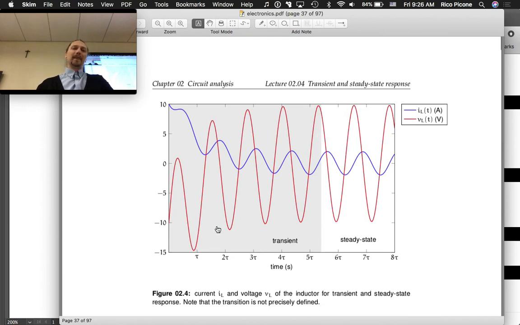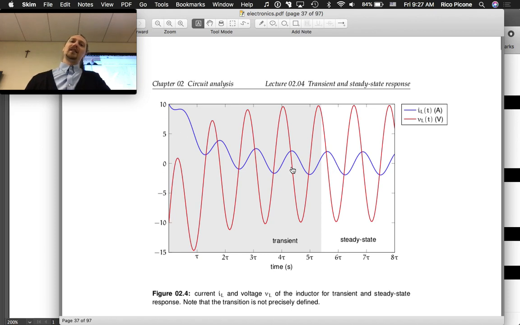So the transient response happens during the first, if you look at the time constant as being something that's not just for first order systems, then you can think of all of these system responses that are stable, at least, as having a time constant decay, an exponential decay.